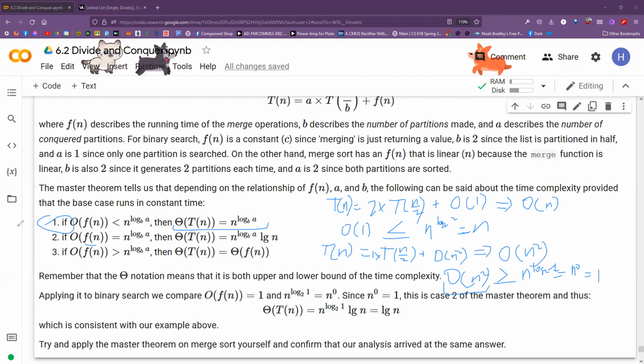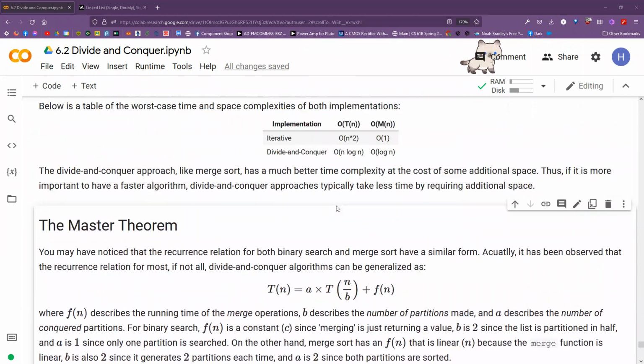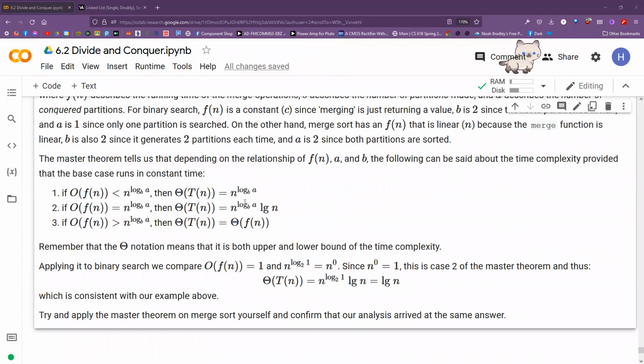So you can think of this n to the log b of a as the number of recursive function calls. So if mas madami yung recursive function calls natin, siya yung may dominant na time consumption, maging dominant term ng ating time complexity.